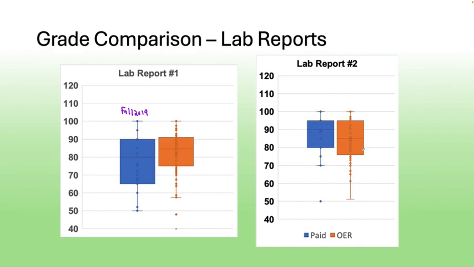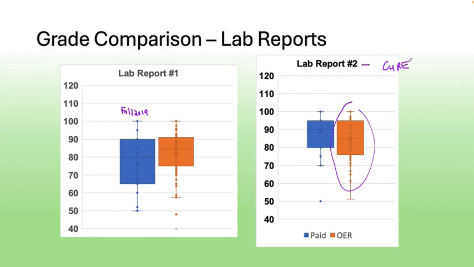Same story for lab report 2, however, you can see that there's a few lower scores here, and the average is a little bit lower. And this is actually because lab report 2 for our OER lab manual includes the CURE components. So for this lab report, students actually had to do an exercise physiology project, and they were collecting real data from each other and analyzing that data.